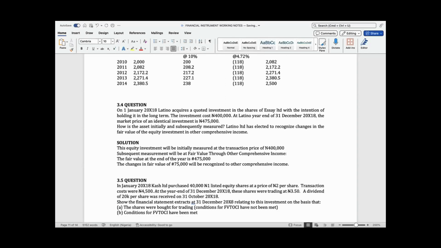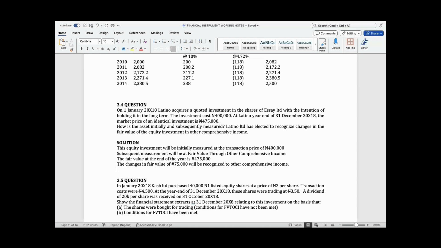Hello, sir. Yes, Christopher. What if, during the course of this transaction, the transaction price is higher than the market price? We have a loss, right? Yes. Is that what you're saying? How do we treat it? Still goes to OCI.